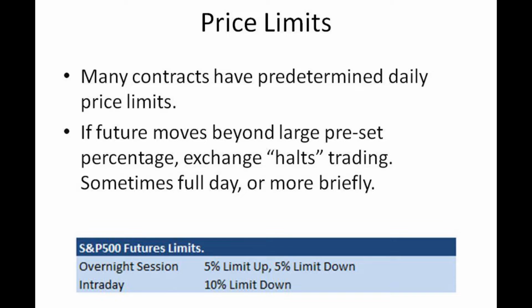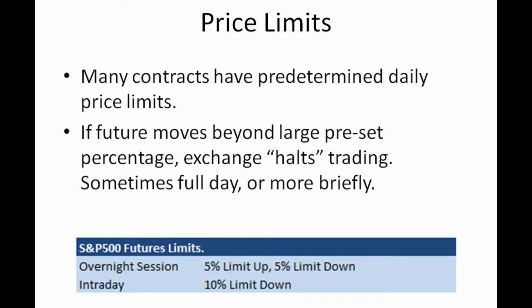Now, the reason these price limits exist is really to prevent wild movements and it's to prevent an unruly market. And so if the futures move beyond large preset amounts, the exchange typically halts the trading. Sometimes it might be just for a short period, like, half an hour.